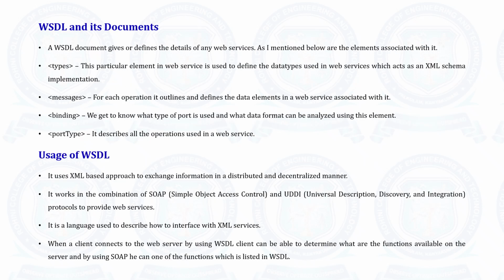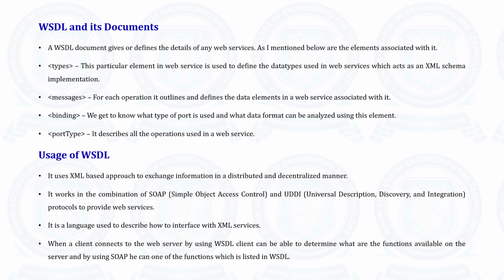WSDL and its documents. A WSDL document defines the details of any web service. As I mention below, these are the elements associated with it. Types: this element is used to define the data types used in the web service, which acts as an XML schema implementation.